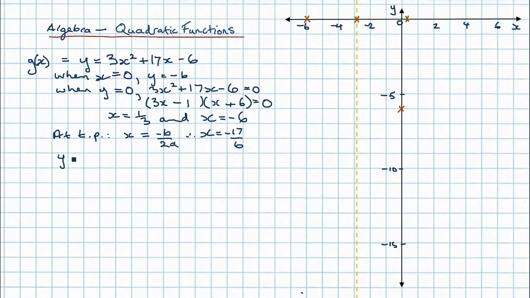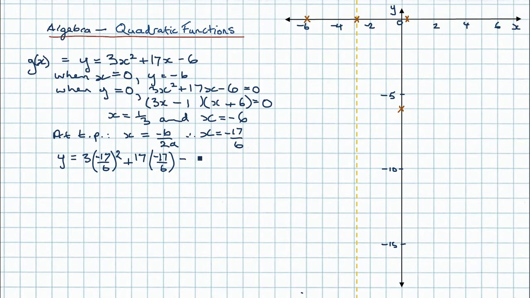So we've got y equals 3 times minus 17 over 6 squared plus 17 times minus 17 over 6. So that's our x's put in, and then finally minus 6.